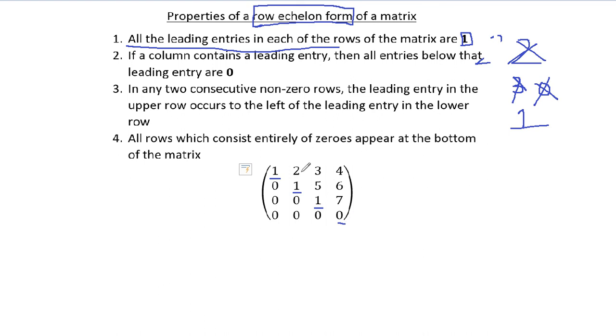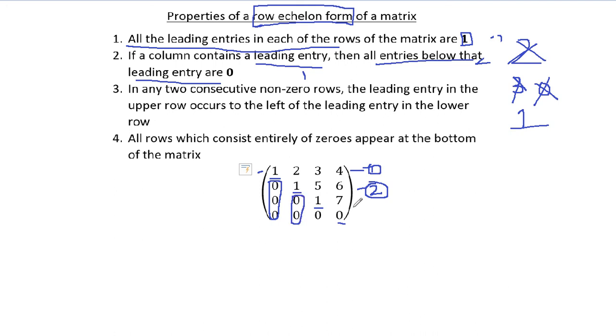If the column has a leading entry, which is 1, then all the entries below the leading entry are 0. As you can see here, for the first row, 1 is the leading entry, and below, zeros are all the entries. And the same for the second row, 1 is the leading entry, and zeros are all the entries below 1.